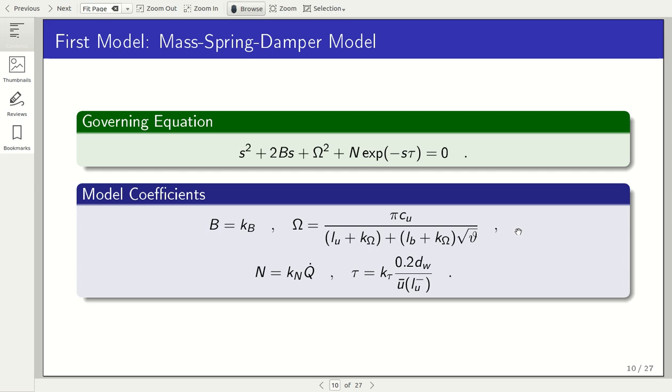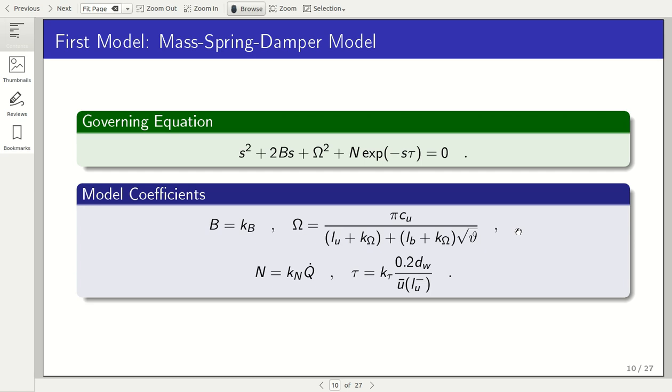Just a few words about the model coefficients like B and omega. Omega, the natural frequency, we take into account that it will depend on the speed of sound, which in turn will depend on the temperature of the base flow. For example, we introduce a parameter called k omega, which is an end correction for the acoustic boundary conditions.